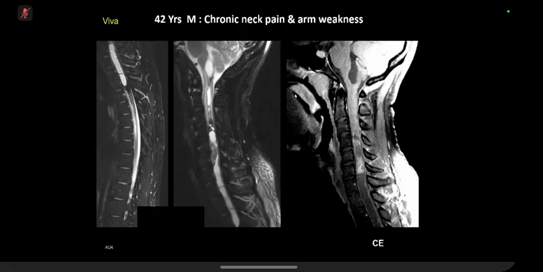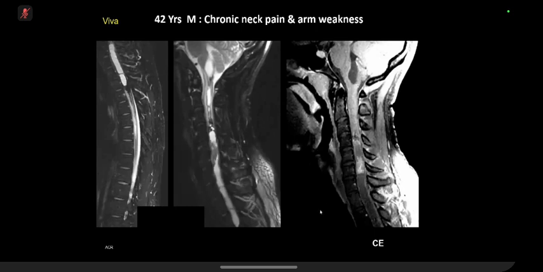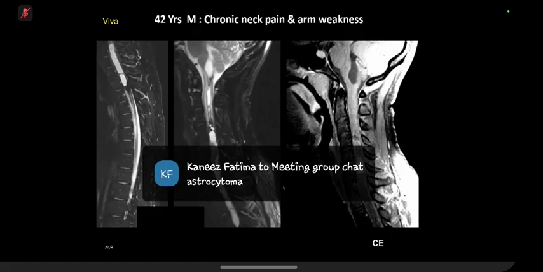On the STIR image, I can see heterogeneous signal and an abnormality extending up to the craniocervical junction. It's quite a long segment pathology. I think given the high T1 signal and the distribution of an intramedullary mass, my top differential will be an ependymoma.